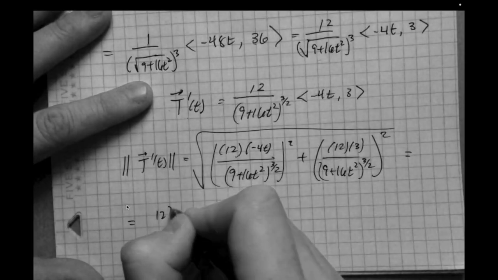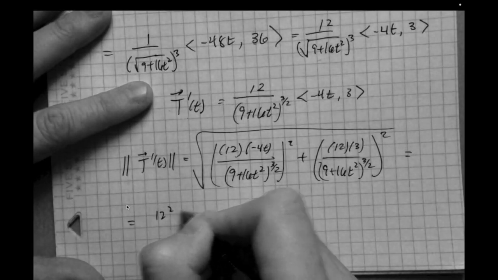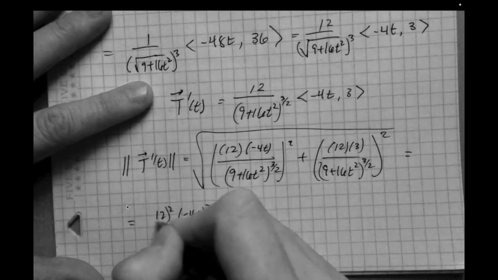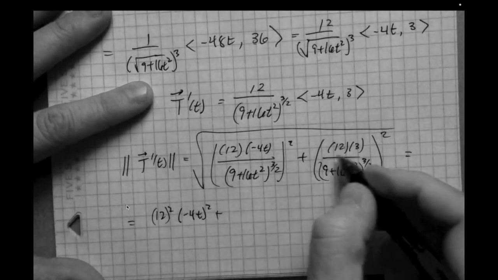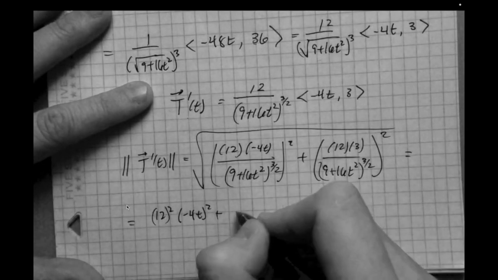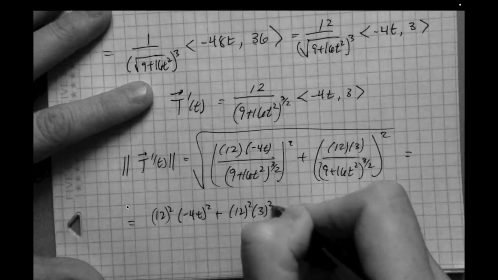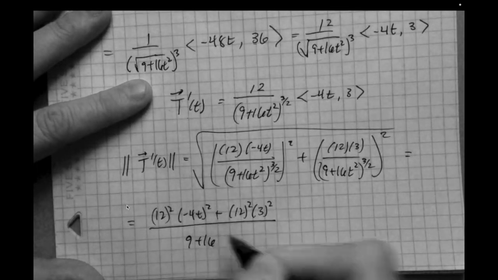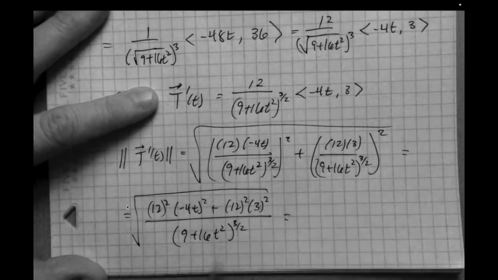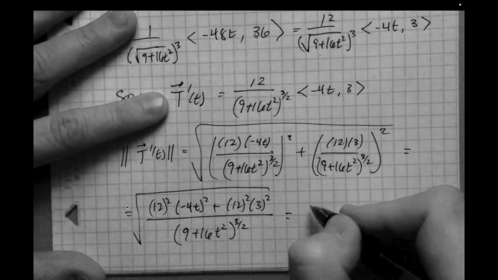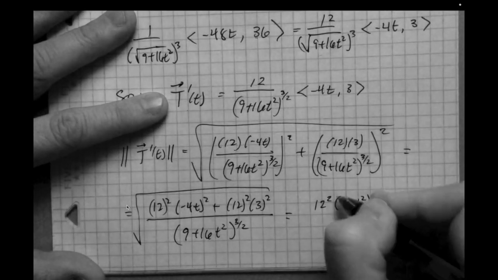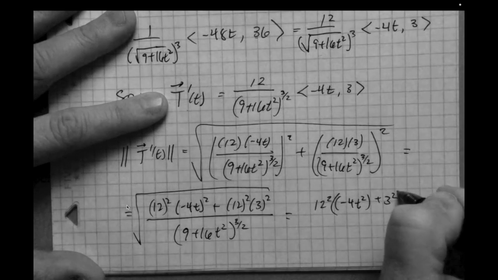This is going to be 12 squared times negative 4t squared plus another 12 squared. It looks like this. All right, so we can pull the 12 out, and what do we have here? Negative 4t squared plus 3 squared.